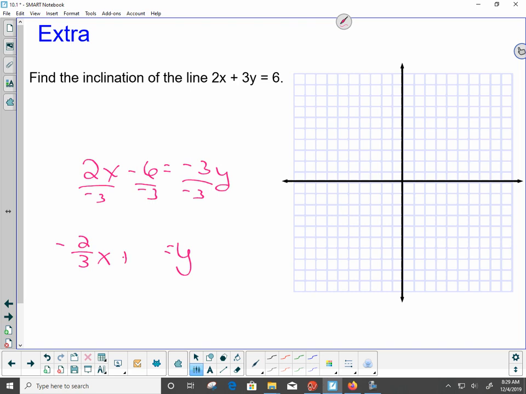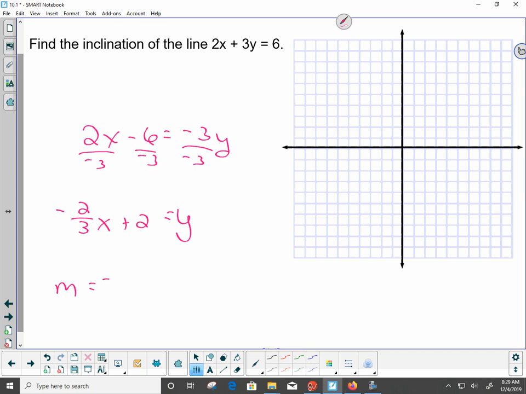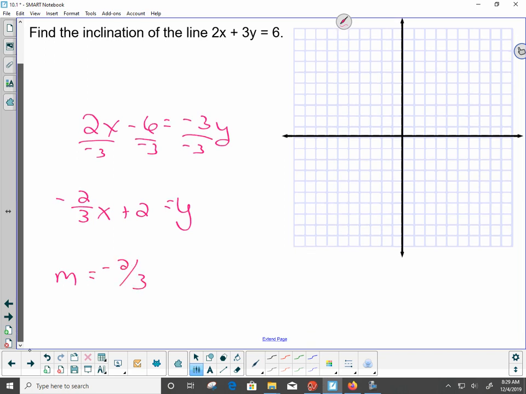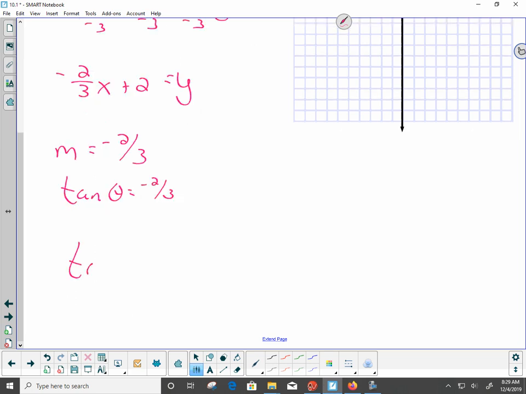So my slope is -2/3. So then tangent of theta is equal to -2/3. On the calculator, I'm going to do the inverse tangent.